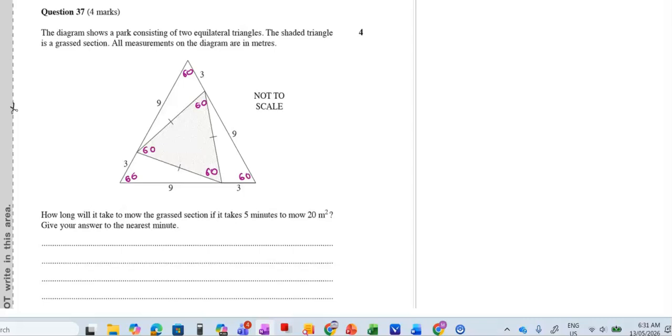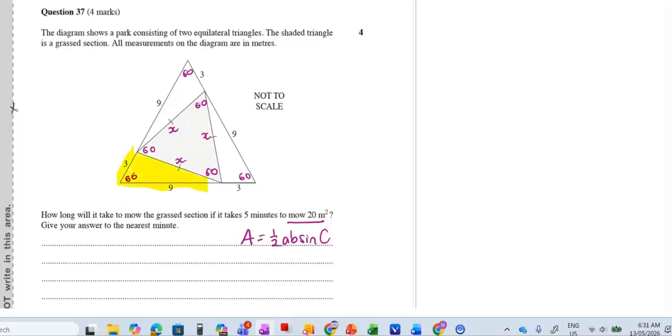In order to work out area, I'm going to need to use area equals a half ab sine C. And so the sides that I need to find, I'll call this x, x, x. I'm looking for the size of that smaller triangle.